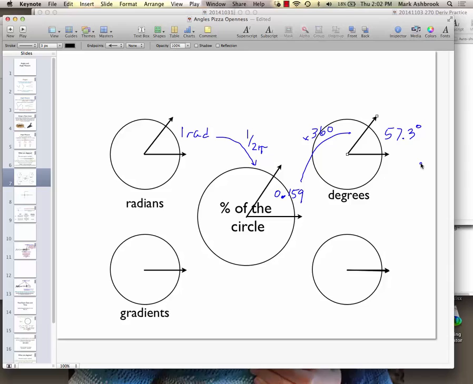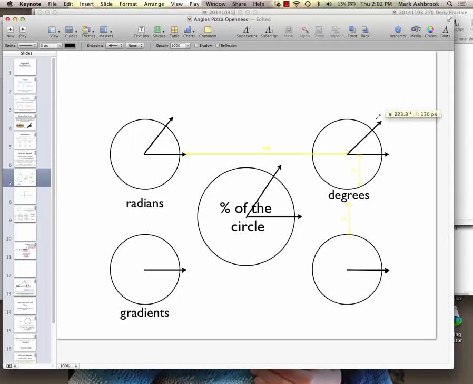Okay, so I want you to find how many radians is 208 degrees. First of all, what quadrant are we in? Think about that. And where in that quadrant?